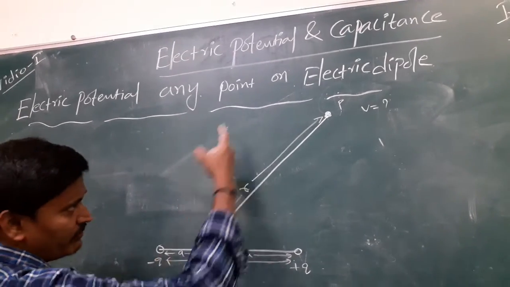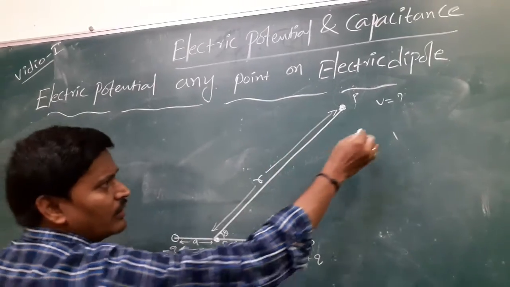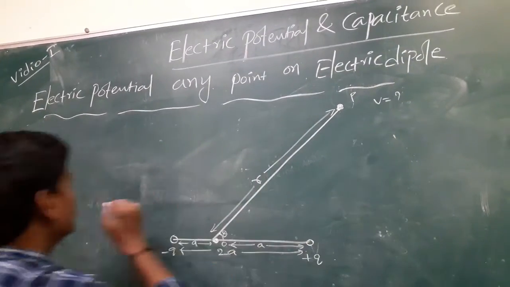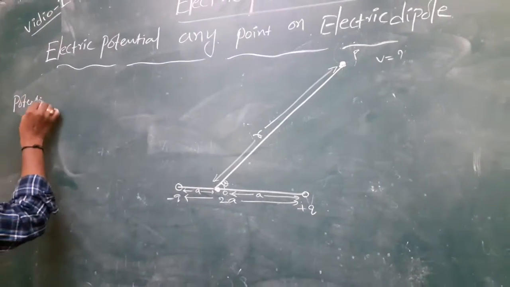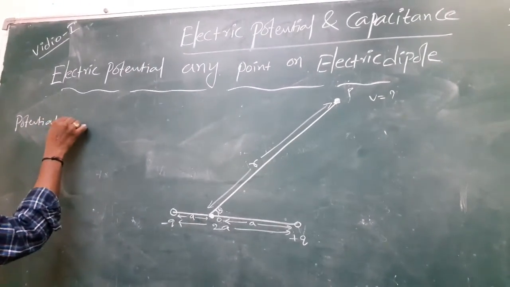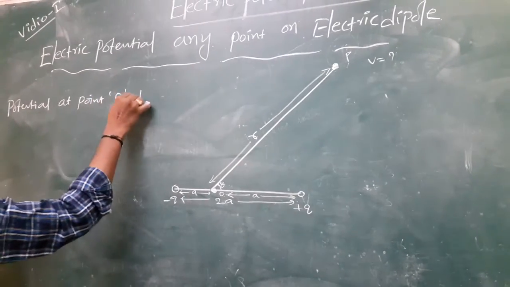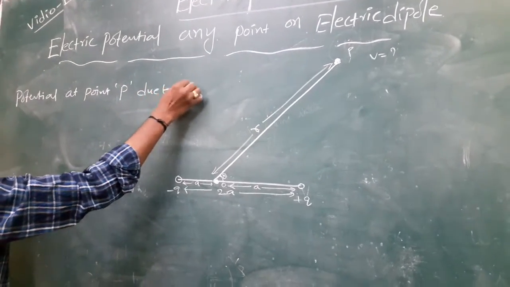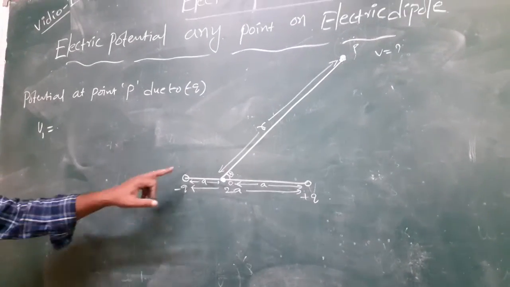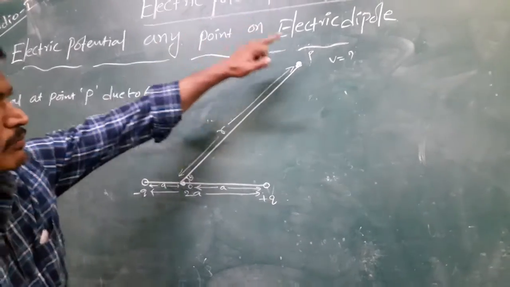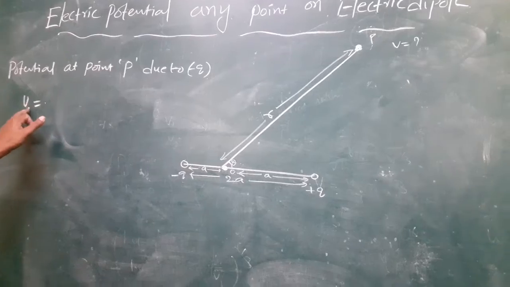The first charge, when we bring it to this point, the potential at point P due to minus Q is V1. That means the work done to bring this charge from here to this point. That is called potential.